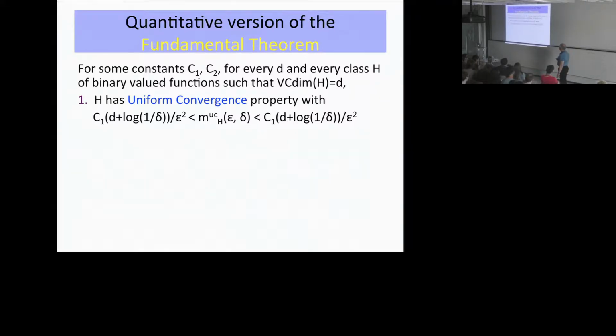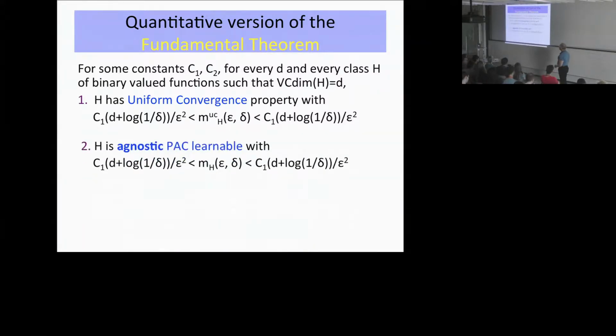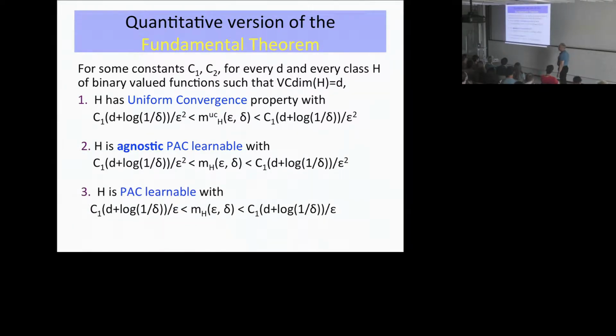You see, it is captured between the same expression just with two different constants: VC dimension plus log 1 over delta, divided by epsilon squared. So the VC dimension up to constant determines completely the number of samples that I need for uniform convergence. And therefore, we can see that it completely determines the number of samples that we need for PAC learnability and completely determines the number of samples that we need for agnostic learning.